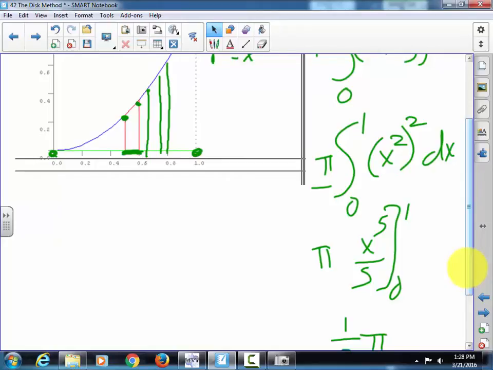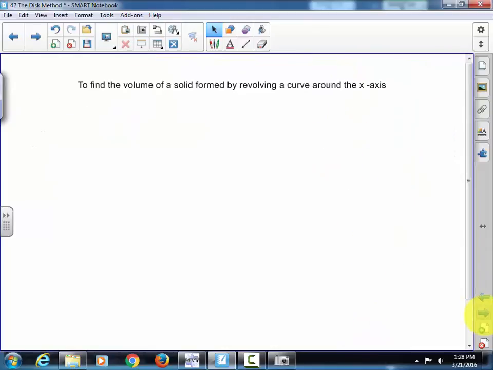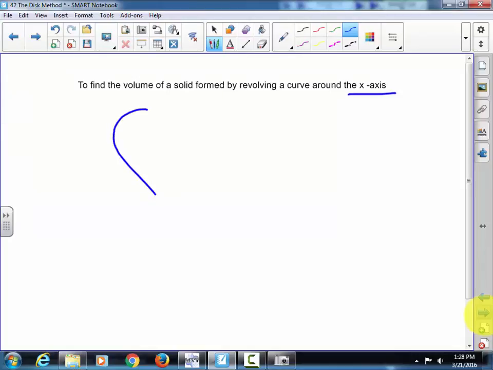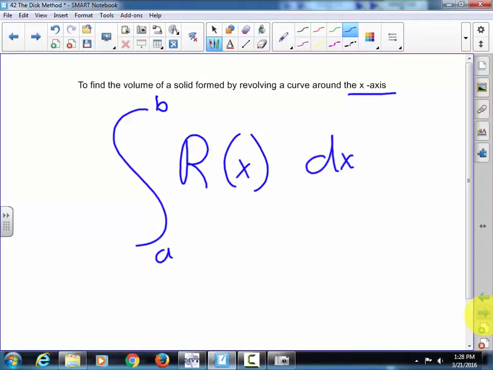So in order to find the volume of something revolving around the x-axis, what's our formula going to be? We're going to integrate with respect to x from one point to the other, and I'm going to denote this by capital R of x, squared, times pi.